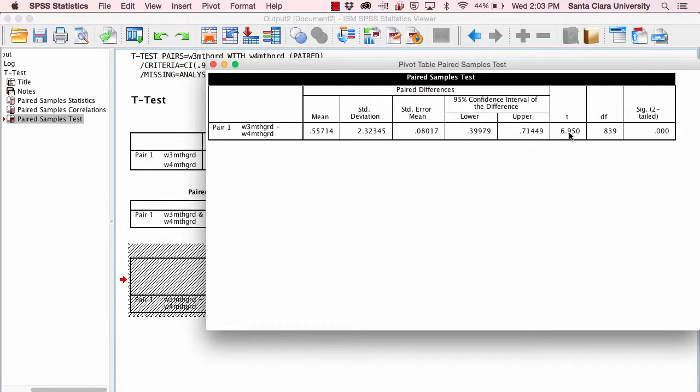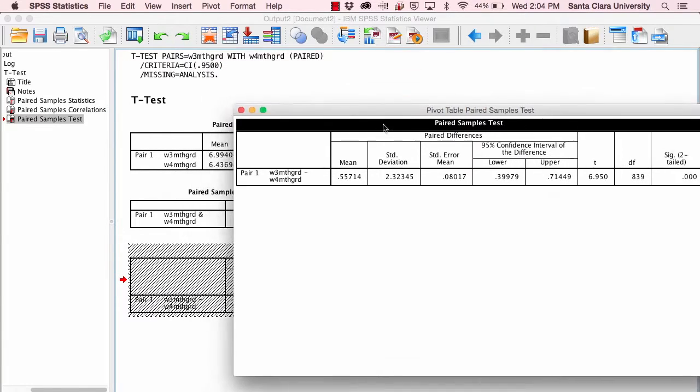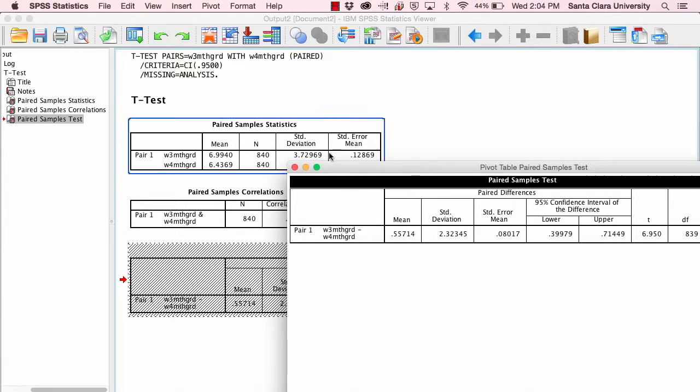If we calculate the t-test, which would be taking this difference between the means and dividing by the standard error, we get this t-value, 6.950. We get 839 degrees of freedom. That is the number of pairs, which was 840, minus 1.